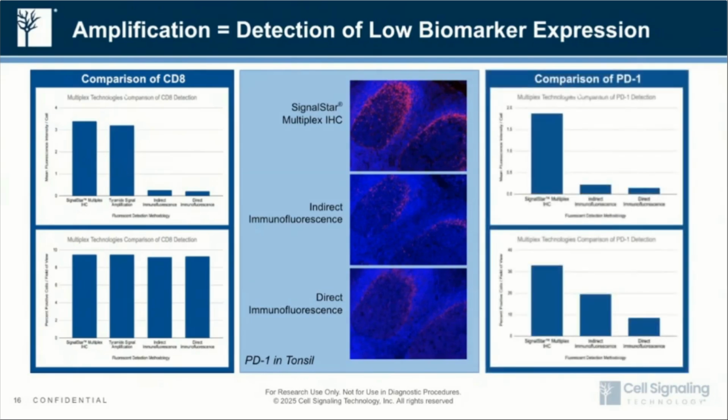And when you compare SignalStar amplification versus indirect and direct immunofluorescence, again on top you can see the difference in fluorescence intensity. But on the bottom this time, you can also see a difference between the percent positive cells. This indicates that for some targets, it is very important for you to amplify the signal using TSA or SignalStar Multiplex IHC in order to detect the accurate percent positive cells within your tissue.